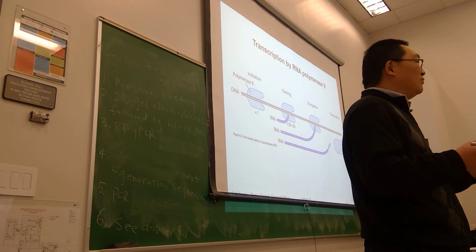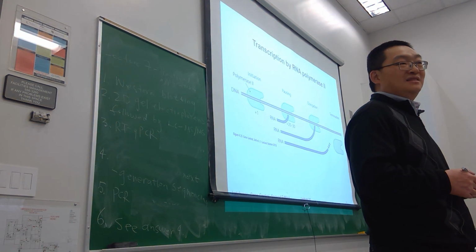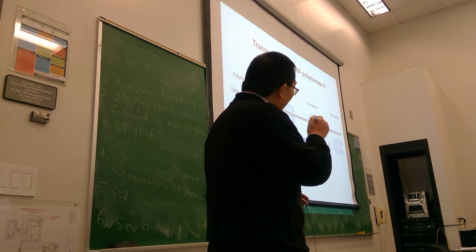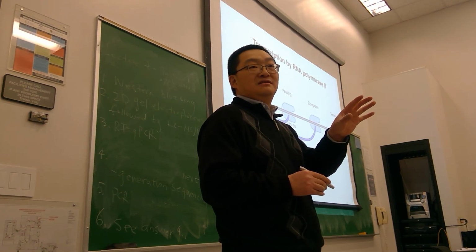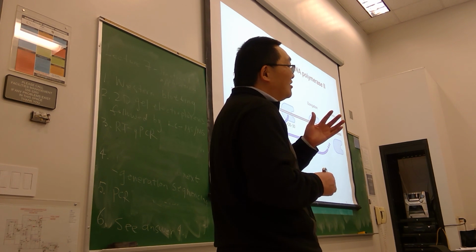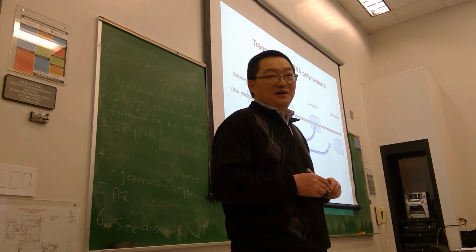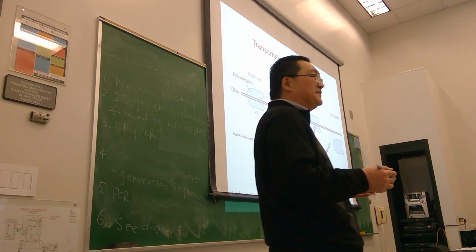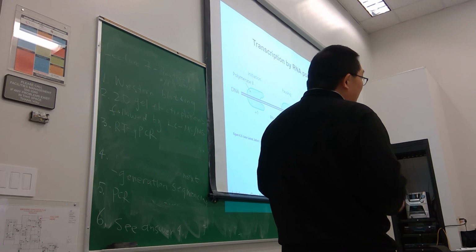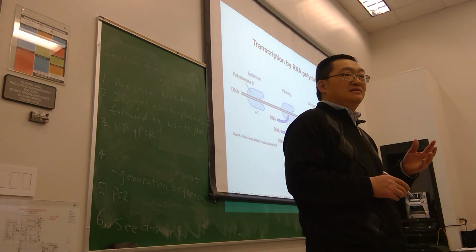They have a roadblock called nucleosome, a beads-on-a-string structure, so they still need an additional factor to remove the nucleosome. That's how epigenetics can play a role there. And then they have termination. Termination also has a specific DNA sequence.